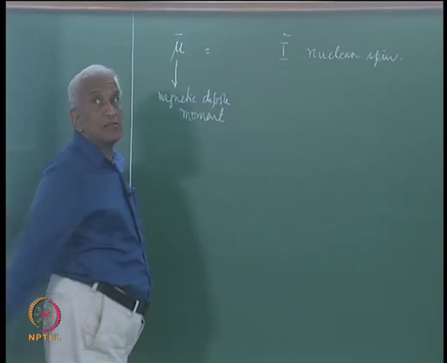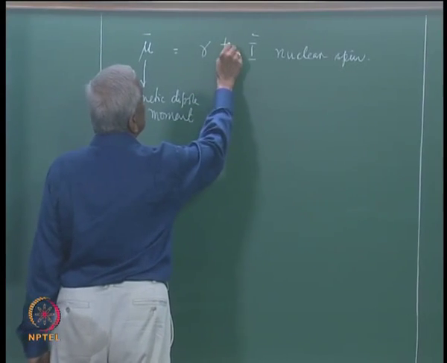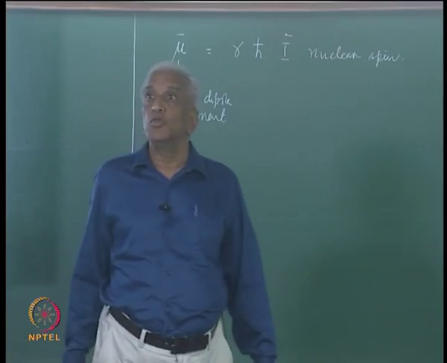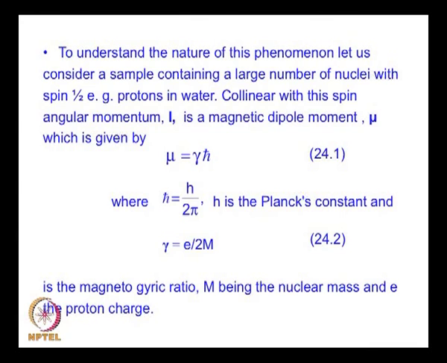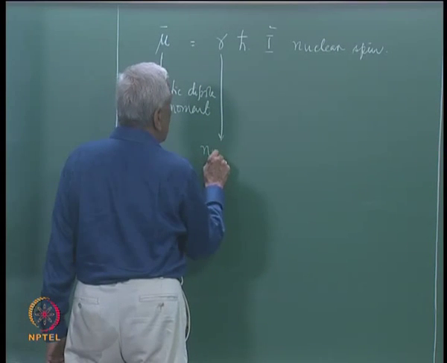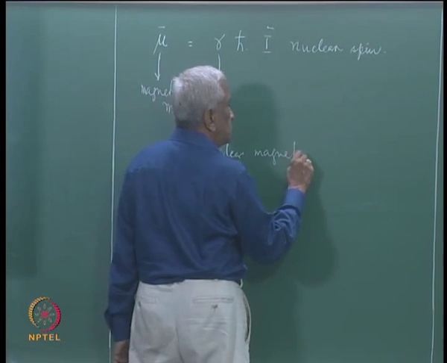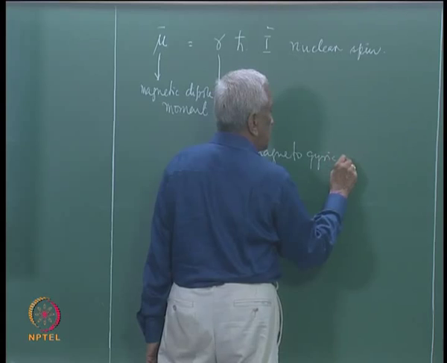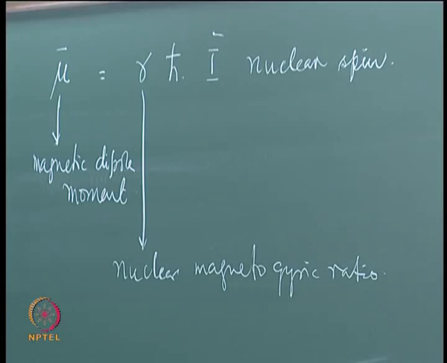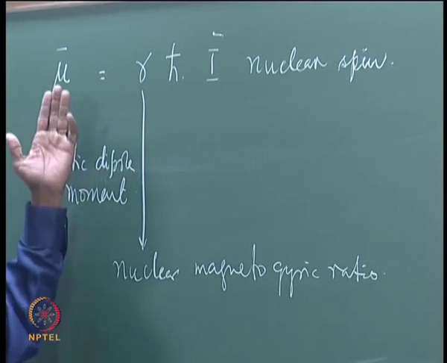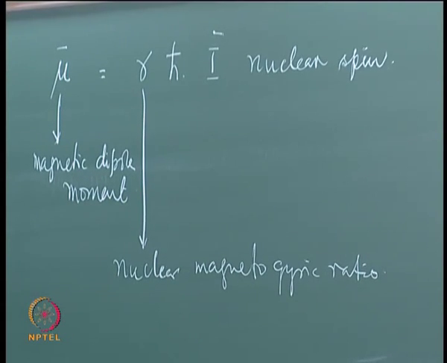These two are parallel vectors, and the relation between them is usually written in this form: mu equal to gamma h cross I. Here gamma is the nuclear magnetogyric ratio. Previously it used to be called the gyromagnetic ratio, but it is more appropriately the ratio of the magnetic moment to the gyroscopic angular momentum, so it is the magnetogyric ratio.